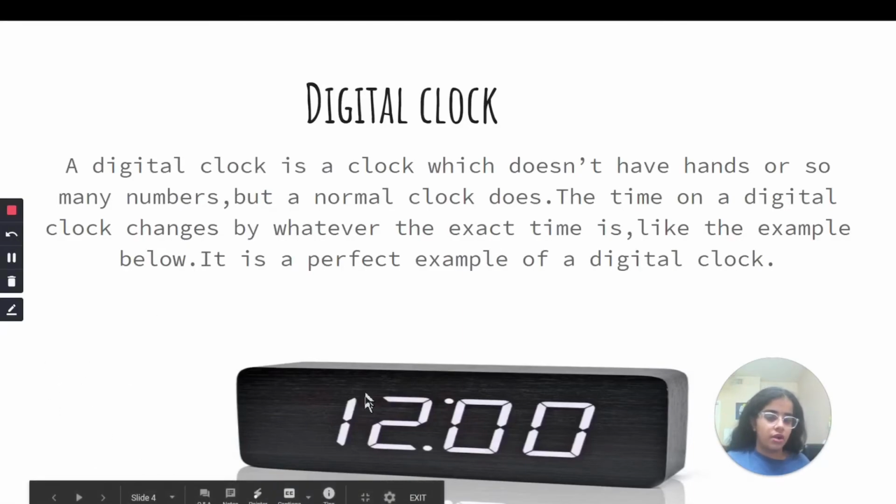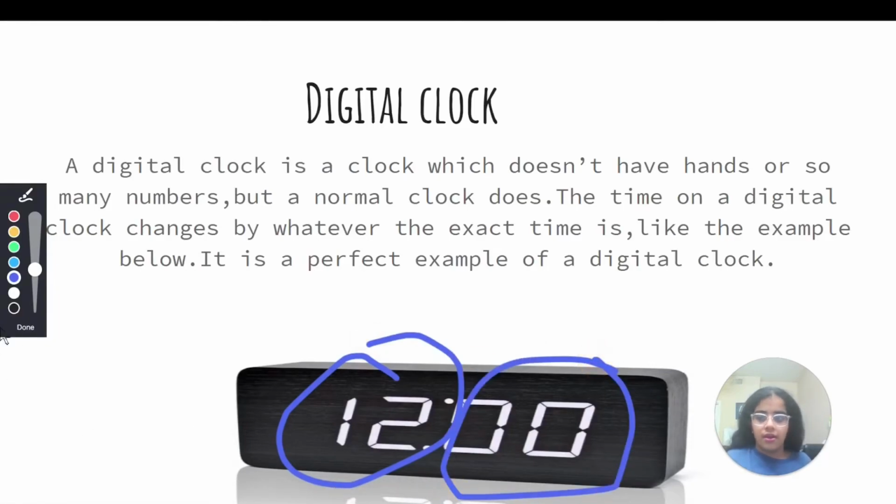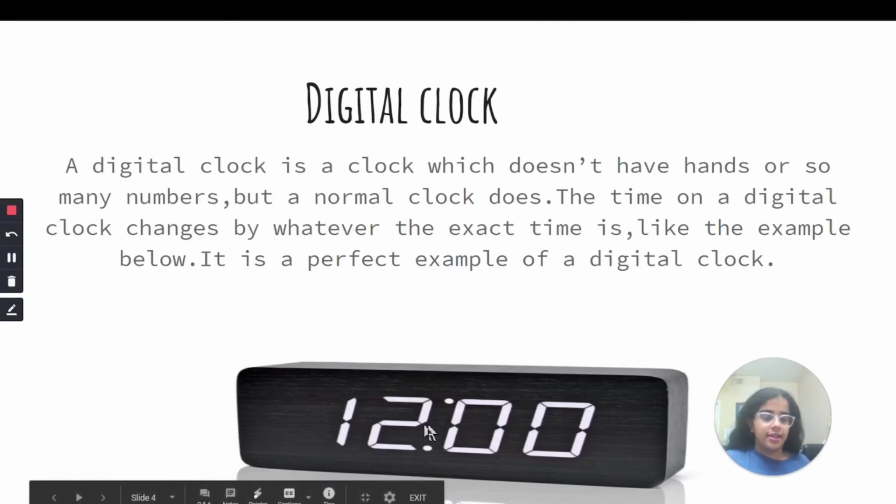If it's 12 o'clock, it's just going to say 12 o'clock. This is the example for a perfect one. It just shows the exact time. You don't need to count by fives or tens or anything.